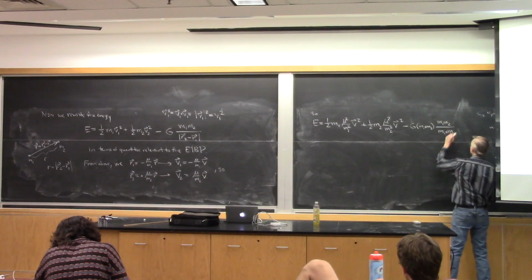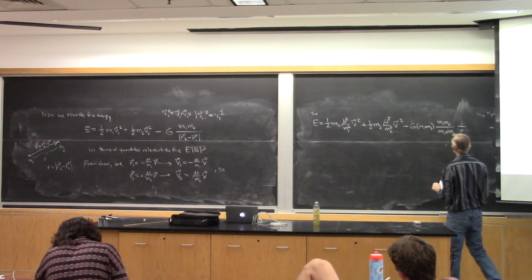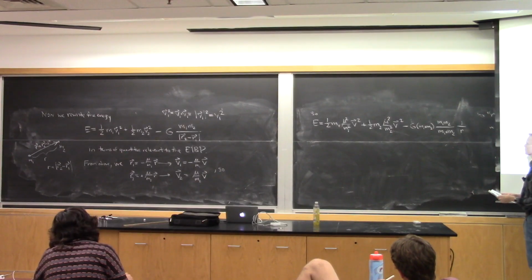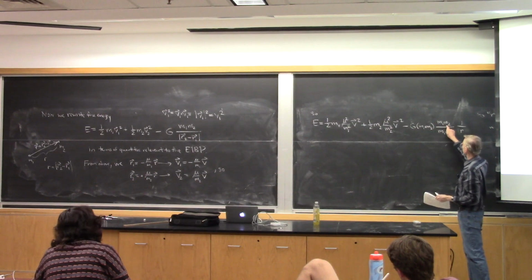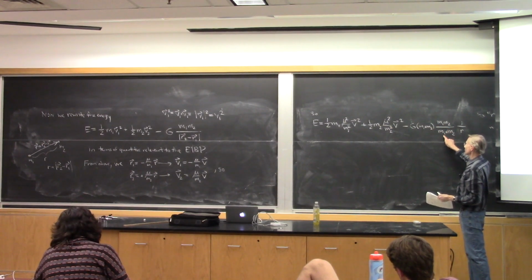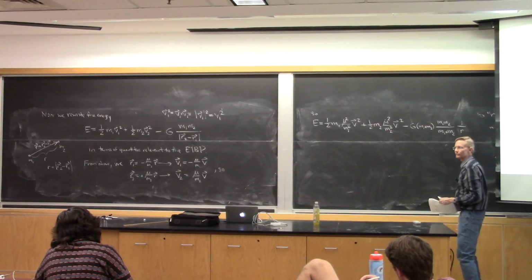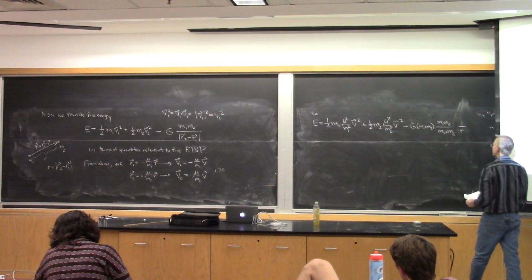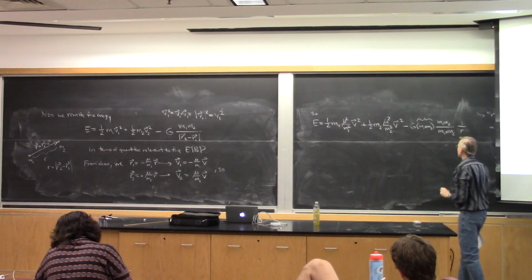Because we noted that 1 over the magnitude of r2 minus r1 is just 1 over r, the distance between them. So I've just chosen to rewrite m1 m2 as m1 plus m2 times m1 m2 over m1 plus m2. You can't stop me from multiplying and dividing by m1 plus m2. But wait a minute. In terms of the equivalent one-body problem, what's m1 plus m2?